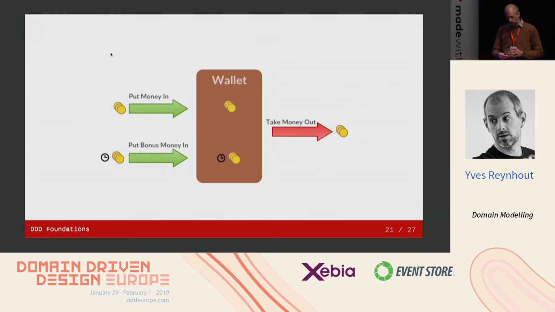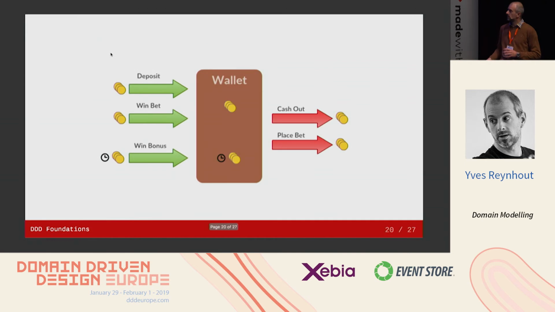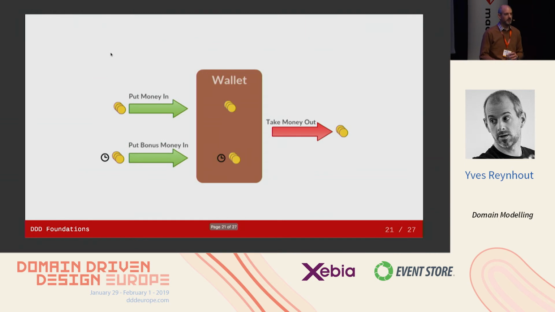So whenever you have a lot of language around a certain piece of our model, in this case the wallet, we should think, well, can we not simplify this? And that's a lot of what goes on in domain modeling: you try to find something simpler that would work just as well.